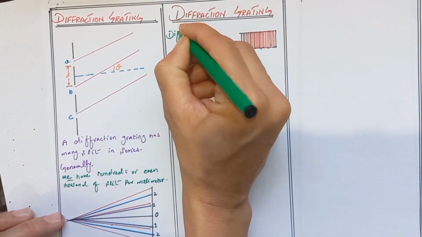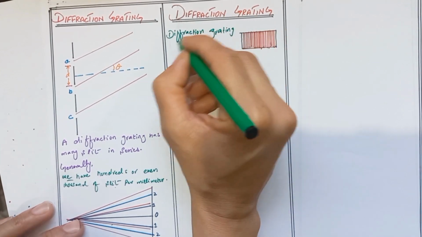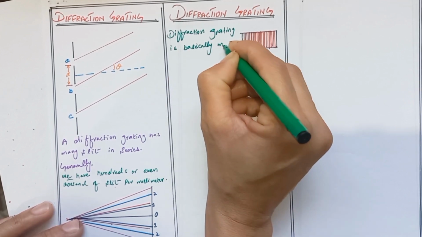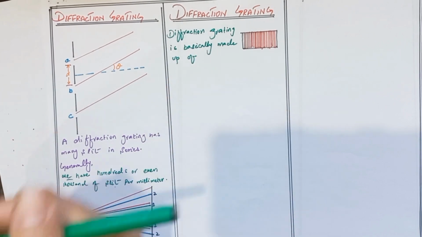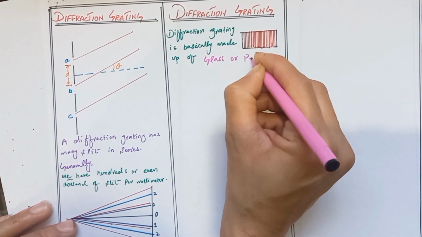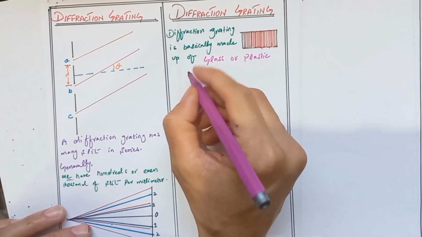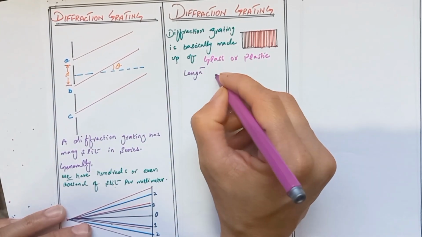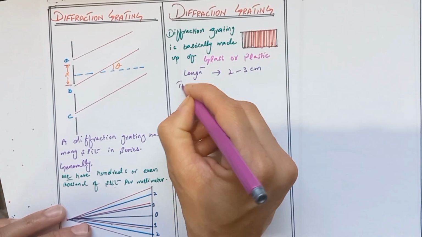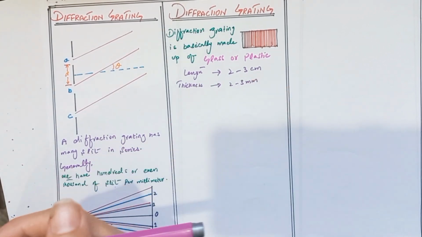Now we discuss the diffraction grating. A diffraction grating is basically made up of glass or plastic, which has a length of 2 to 3 centimeters and a thickness of 2 to 3 millimeters.